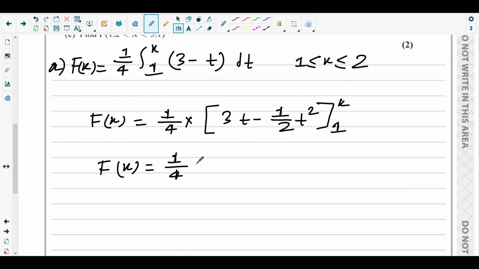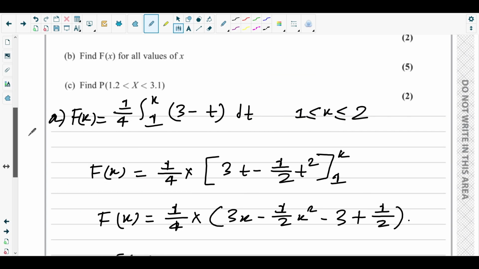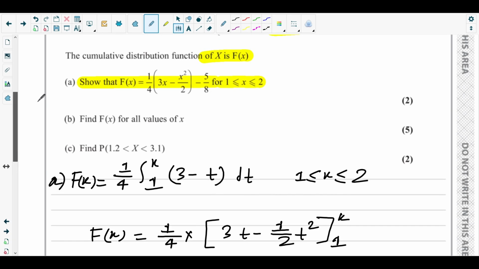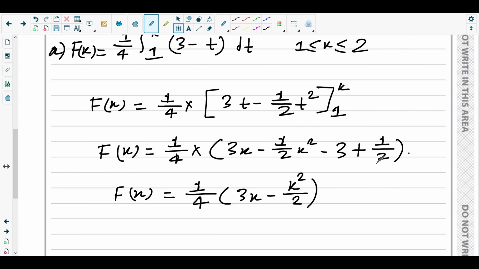Now just put the limits into the integral. So 1 over 4 times (3x minus half of x squared minus 3 plus half). So F of x would be 1 over 4 times (3x minus x squared over 2), closing the bracket, and then minus 3 plus half, which is negative 2.5, or negative 5 over 2.